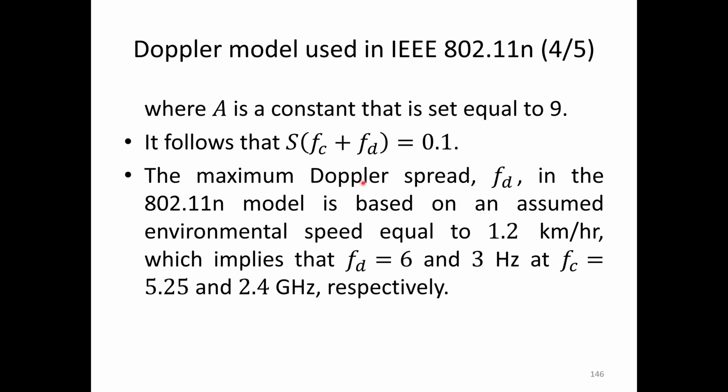The maximum Doppler spread FD in the 802.11n model is based on an assumed environmental speed equal to 1.2 kilometers per hour, which implies that FD is equal to 6 and 3 Hz at Fc, where Fc is the carrier frequency, equal to 5.25 and 2.4 gigahertz respectively.